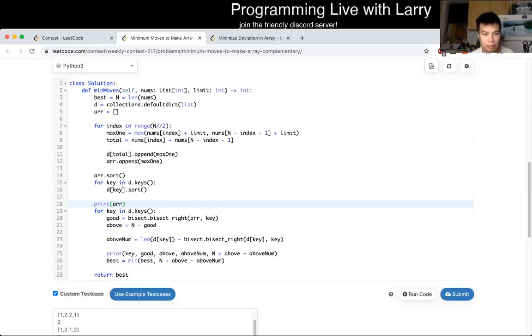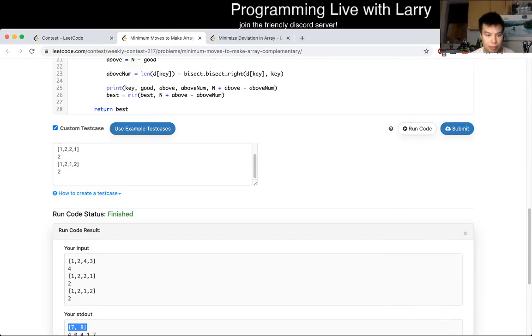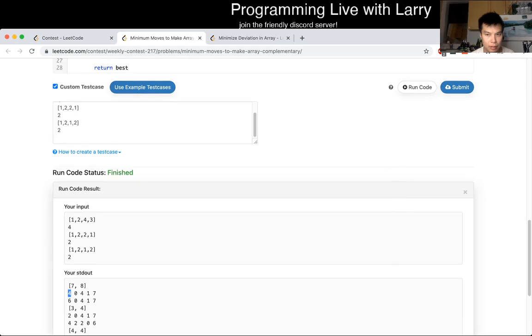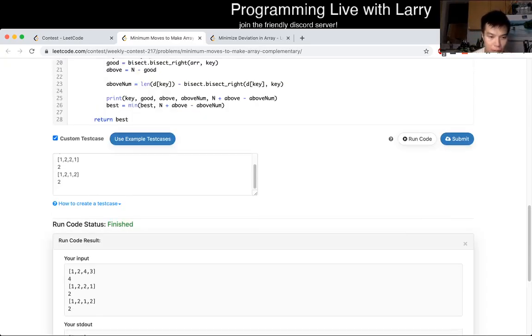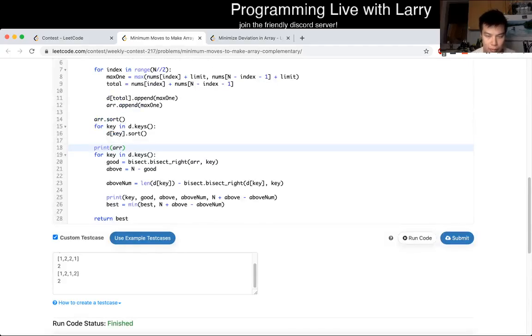Wait, what? I think I messed up some stuff. So we're looking with 4, then the max is less than. Okay, so I'm the thing to the above, that's good.